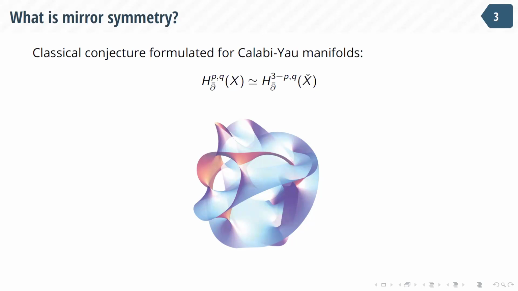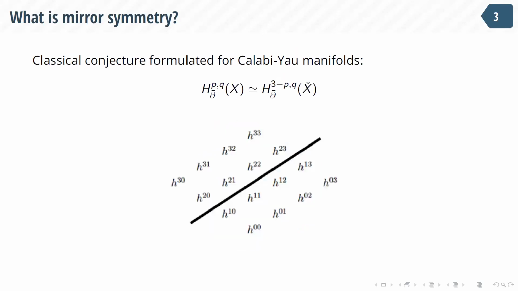This exchange between the two geometries is represented by isomorphisms at the level of Dolbeault cohomology groups, and can be pictorially represented by a symmetry along the oblique axis of the corresponding Hodge diamonds.